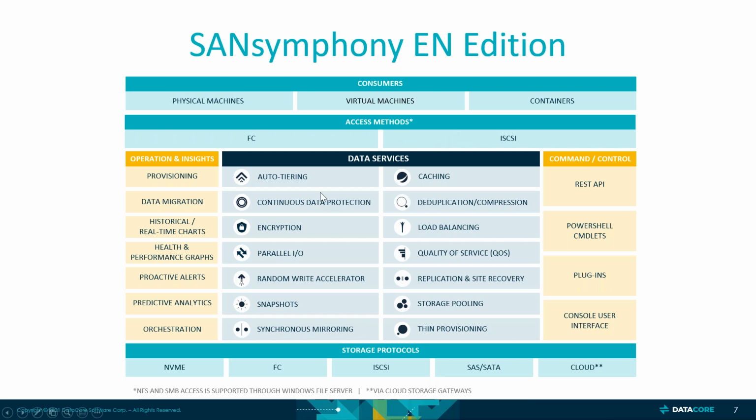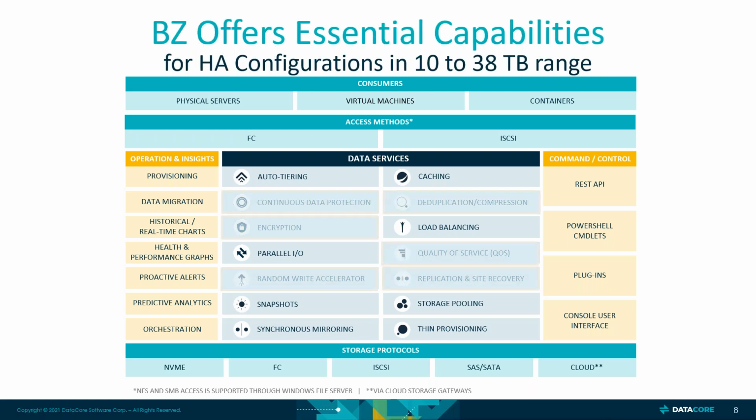You'll see in some scenarios that we do also provide a front end using Windows Server to provide NFS and SMB access, but more likely those would happen as a NAS head sitting in front of SANsymphony. And if you really have a large-scale file system requirement, then you would be looking at our vFilo product. But again, that's for another day.